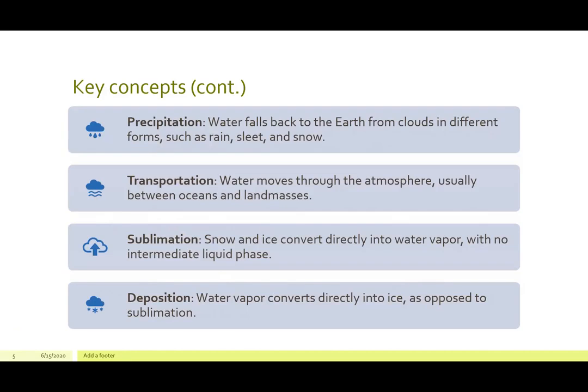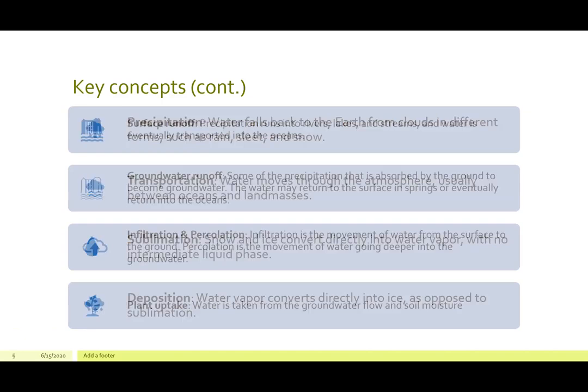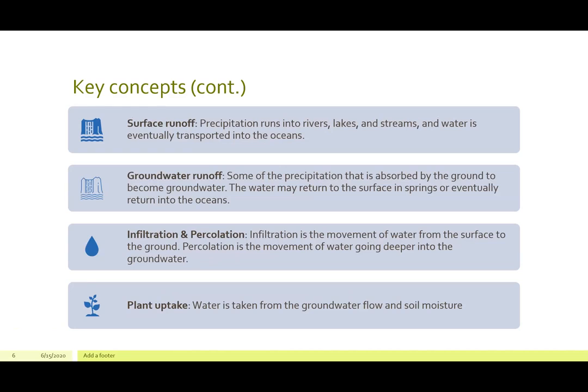Sublimation: snow and ice convert directly into water vapor with no intermediate liquid phase. Deposition: water vapor converts directly into ice, as opposed to sublimation. Surface runoff: precipitation runs into rivers, lakes, and streams. Water is eventually transported into the oceans. Groundwater runoff: some of the precipitation is absorbed by the ground to become groundwater.